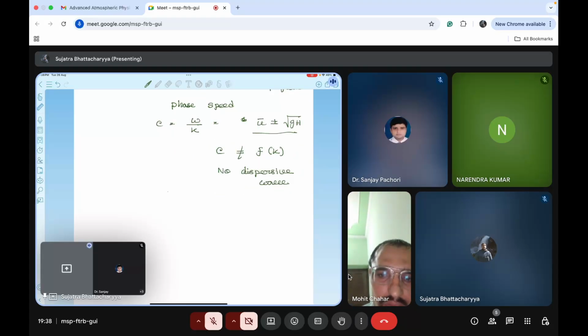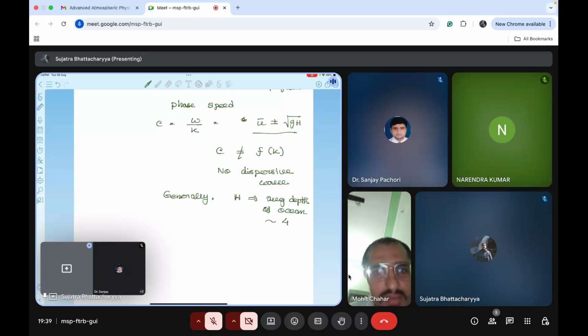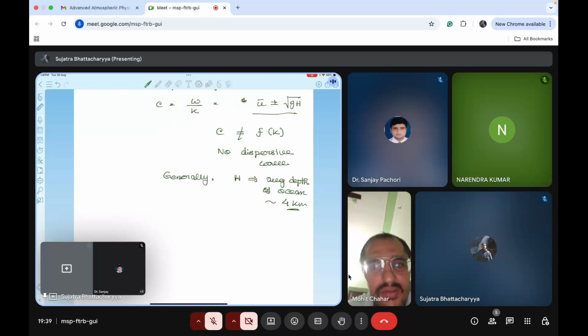And generally, one problem will be that the depth of the ocean, average depth, is roughly about 4 kilometers. So what will be the speed of the gravity wave?